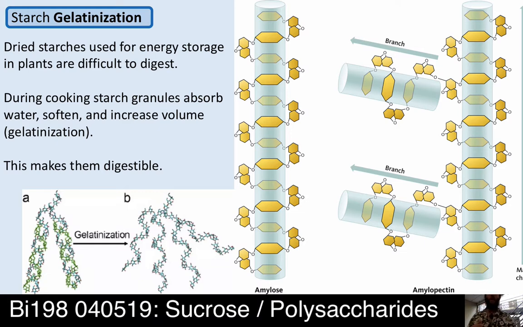But if you stick it in water and start boiling it, all those sugars, a sugar has all these OH groups sticking off of it that are going to hydrogen bond and interact with water. When you boil a starch like this in water, it takes up that water and puffs out like this, right?